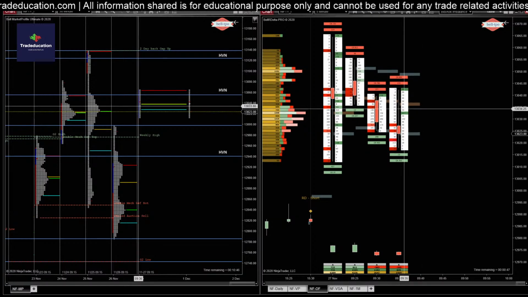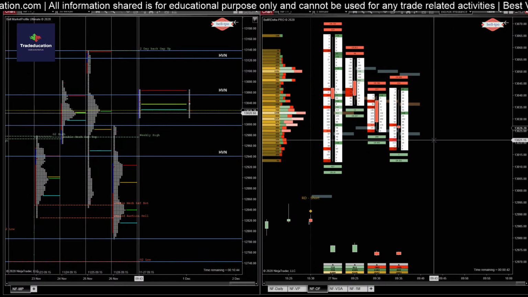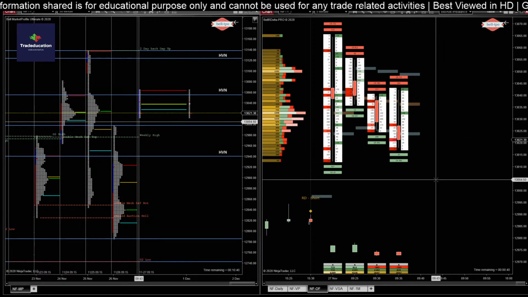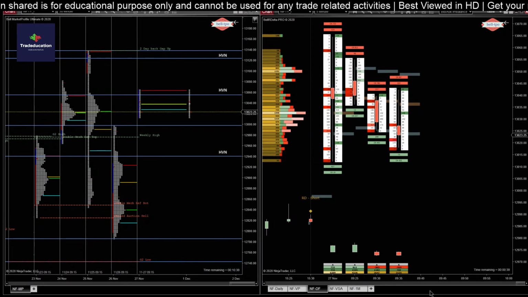Okay, so VWAP test is done. So now let's see whether we see continuation to the downside and whether we see lower lows getting formed or not.